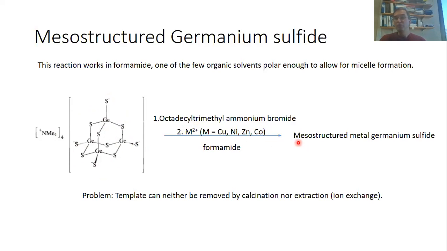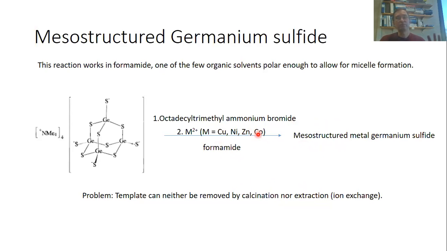And then you obtain what is called a mesostructured metal germanium sulfide. Okay, so in this case, you can actually not remove the template by calcination or extraction. If you try to do that, then your mesostructure will collapse. So this indicates that in this case, the linkages provided by the transition metal ions here are actually not strong enough so that the template can be removed.